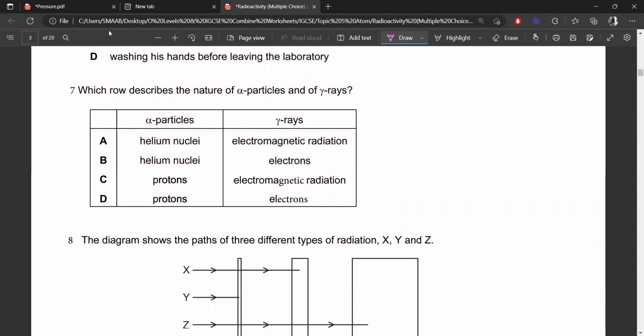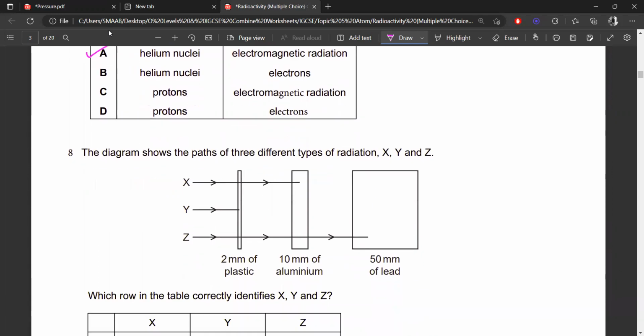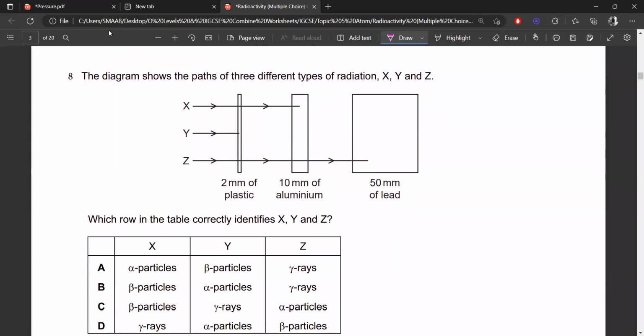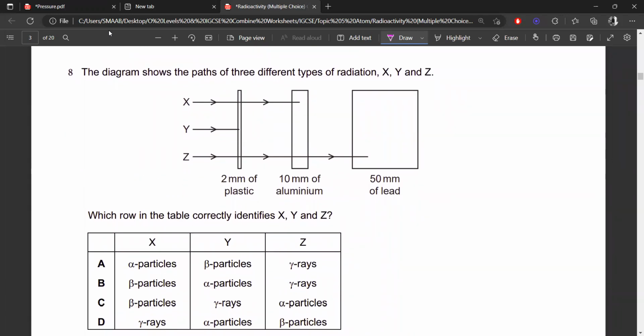A. Yes, very good. A. Okay, question number 8. Question number 8 is also very simple. If you remember the properties of penetration power, in this diagram we are working with the penetration power.